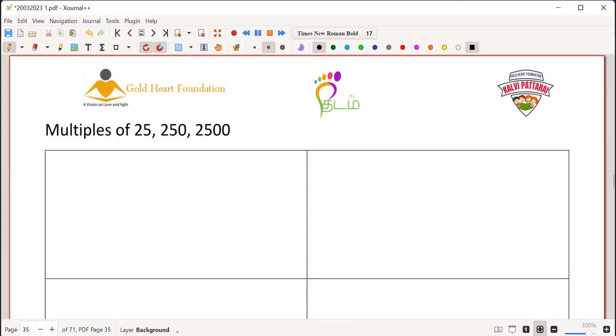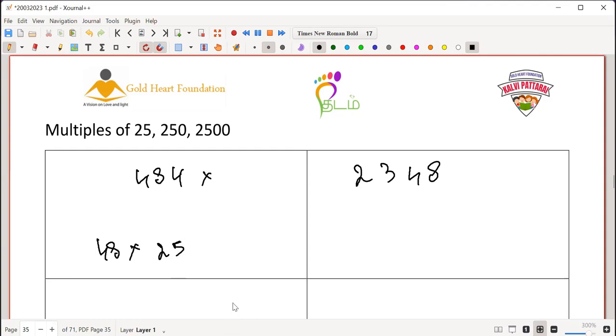They were already given a government test. Okay, 48 into 25. We apply the concept. Now you know you can apply different concepts here. What would be 48 into 25? Have to multiply 48 into 25.